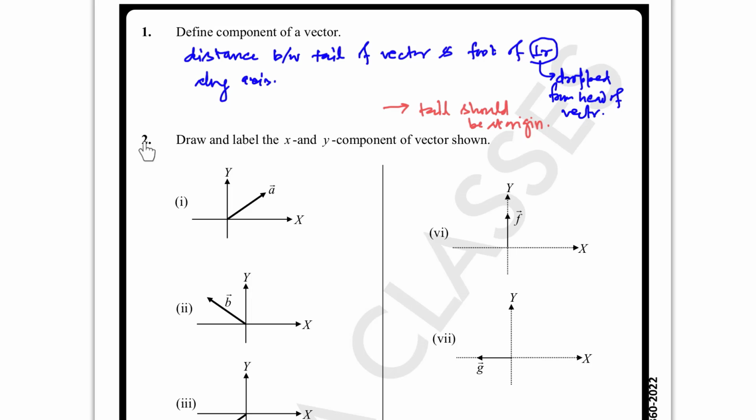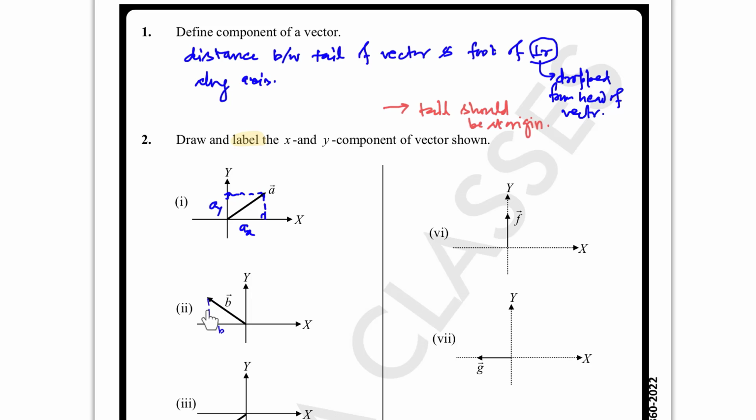Question 2, draw and label. So you have to label the x and y component of the vector shown. First, vector A, draw perpendicular from the head on the x and y axis. So this is the x component and this one is the y component.